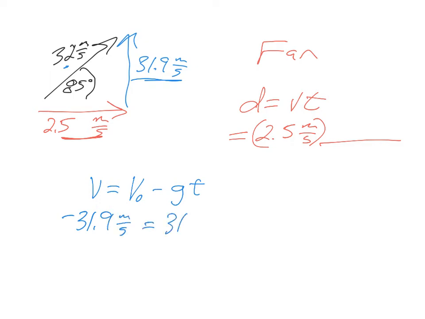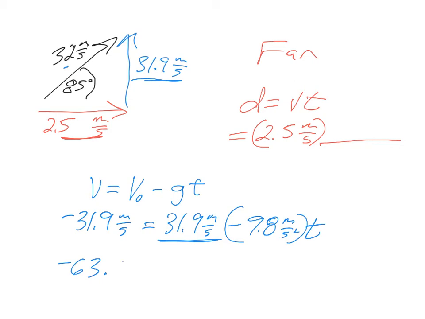My initial is 31.9 minus 9.8 meters per second squared multiplied by time. I have to subtract this from both sides, and I'm going to get negative 63.8 meters per second equals negative 9.8 meters per second squared multiplied by time.